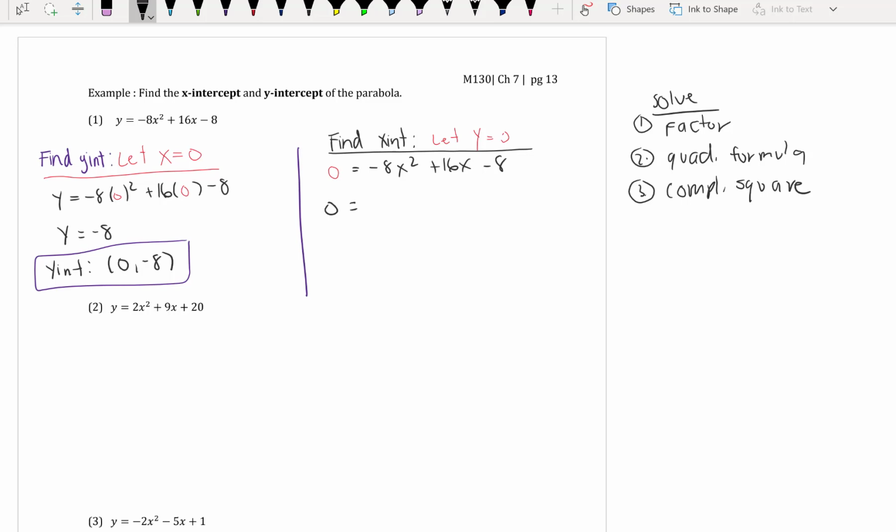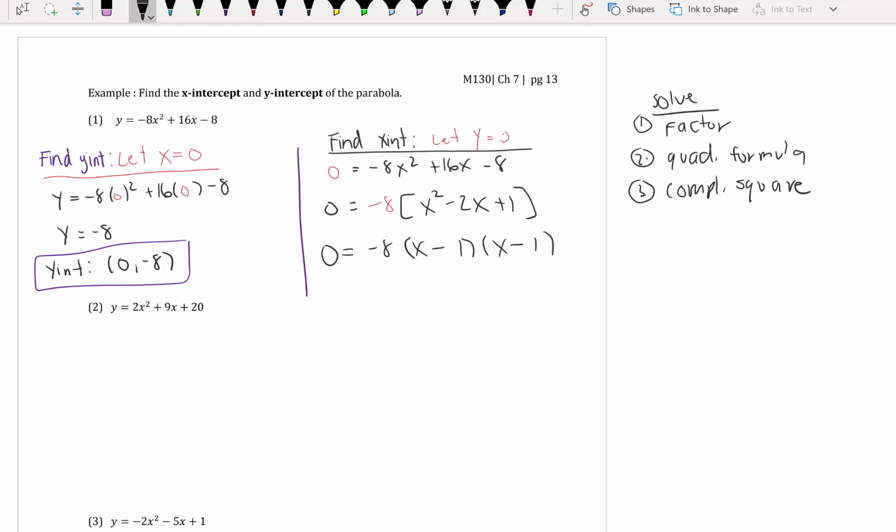If I were to go with factoring, I would do the GCF. My GCF here would be a negative 8. When I factor out that GCF, I would have x squared minus 2x plus 1. So now, when I factor, I would have a negative 1 and a negative 1, because negative 1 plus negative 1 is negative 2, and negative 1 times negative 1 is a positive 1.